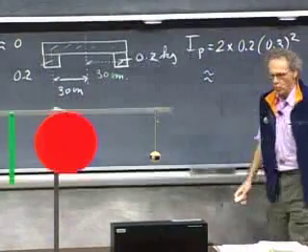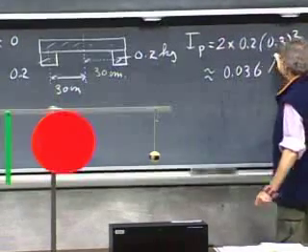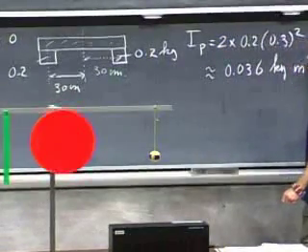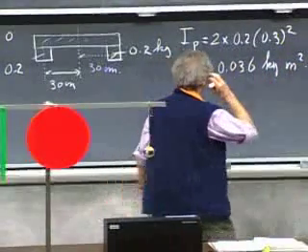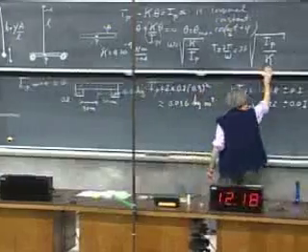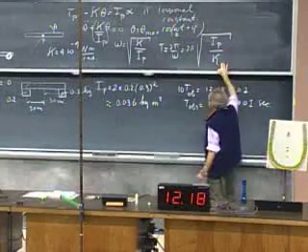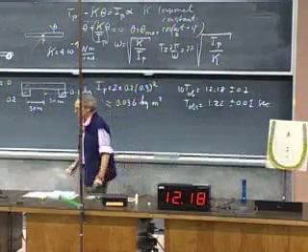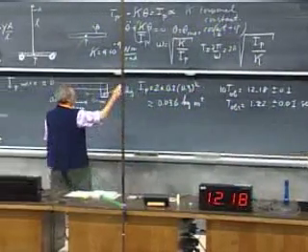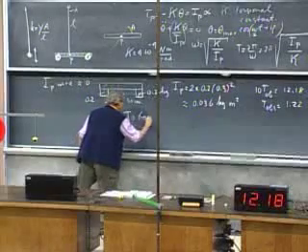And that is about 0.036 kilogram meter squared. And so when I use that in our equation, I know now what kappa is, at least I have a reasonable idea what kappa is, and I know what I of P is, which is almost exclusively determined by that crossbar. I will find then, using that equation, that the period is very close to 60 seconds.